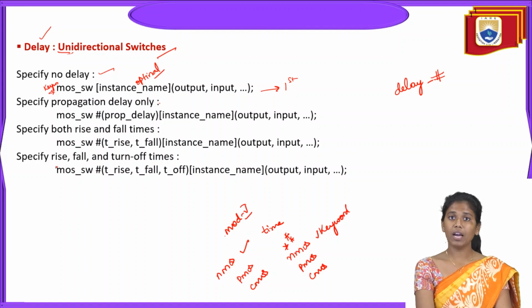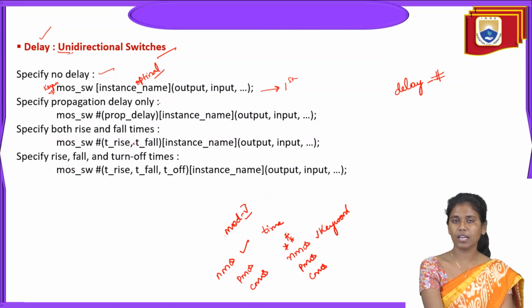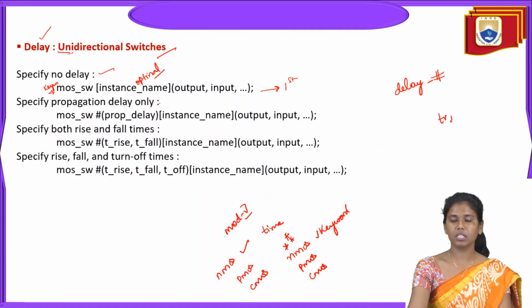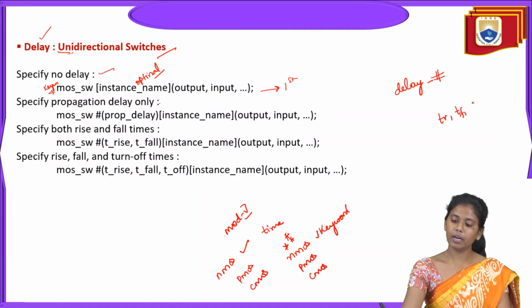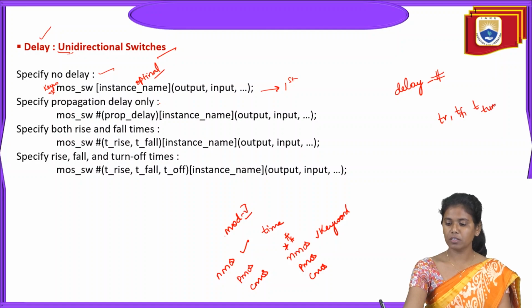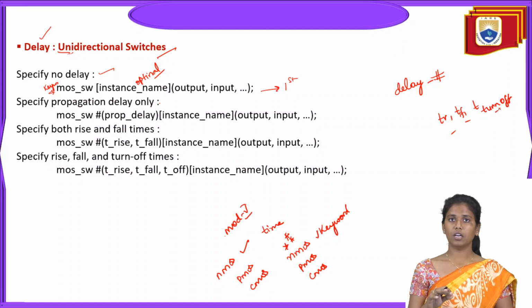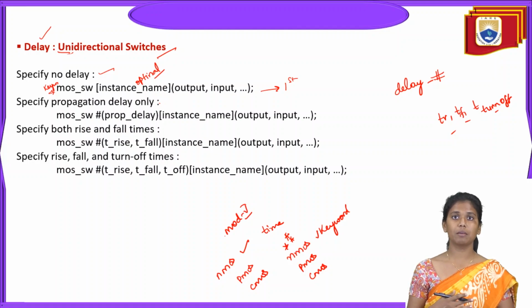When we were discussing the topic delays, we came across such times. Rise time is represented with TR, fall time with TF, and we have one more time as well, that is turn off time. These are the three basic times that we have come across when discussing the delay.